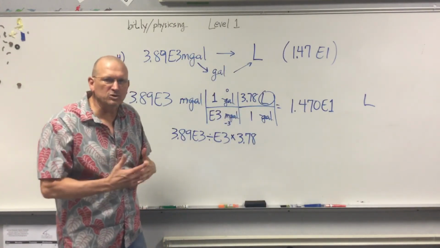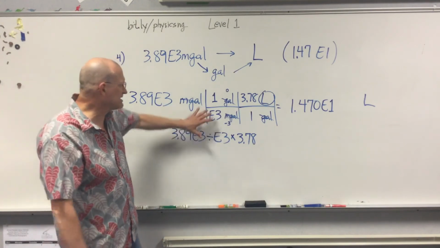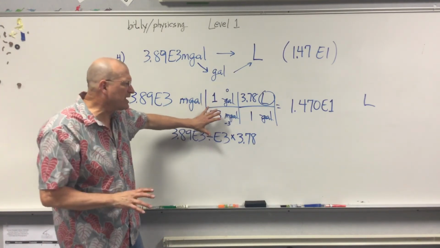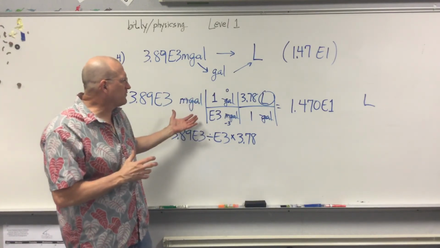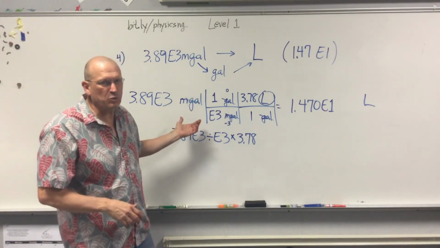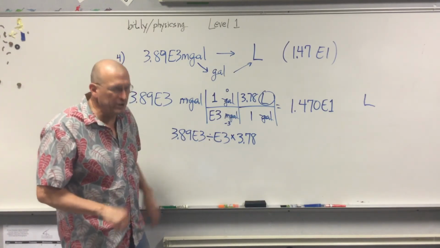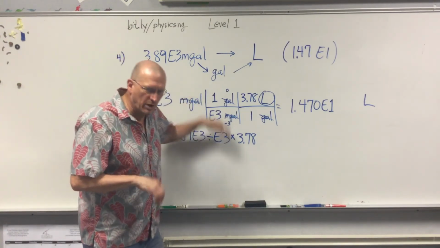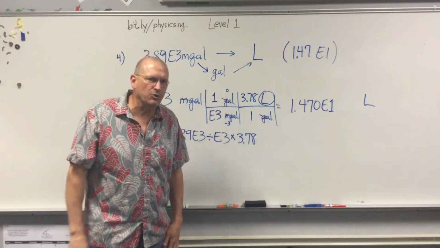And I have a worksheet for each kind of bump up in difficulty, because this is as easy as it gets. And I do have to say one thing here, just to warn you. If you reflect back and you say, oh, this is just like stoichiometry, and I hear people coming in saying, what you do is you put what you don't want on the bottom and what you want on the top. That is technically incorrect.